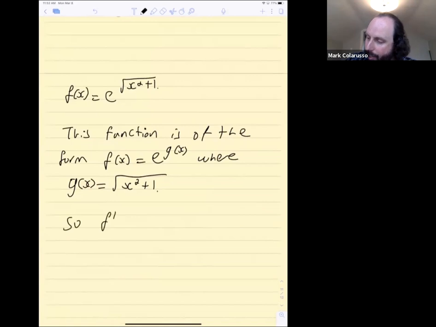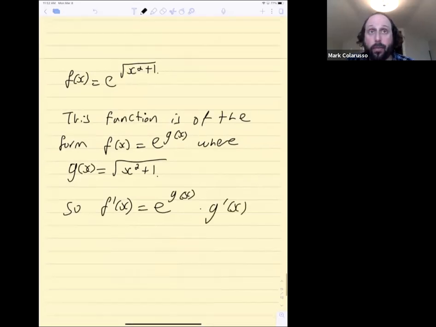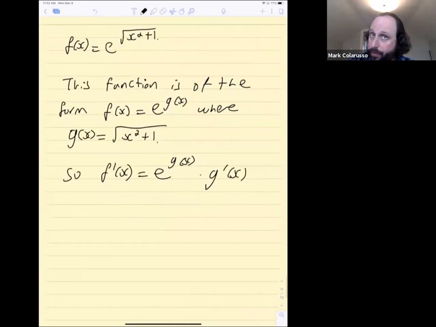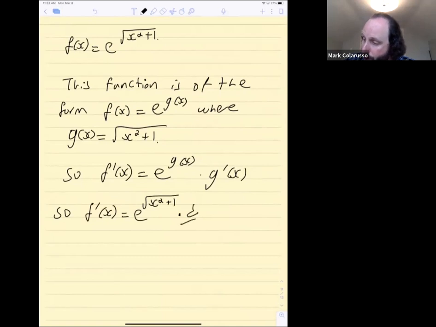So f prime at x is e to the g of x times the derivative g prime at x. So let's write that out. So f prime at x is equal to e to the square root of x squared plus 1 times the derivative of the square root of x squared plus 1.